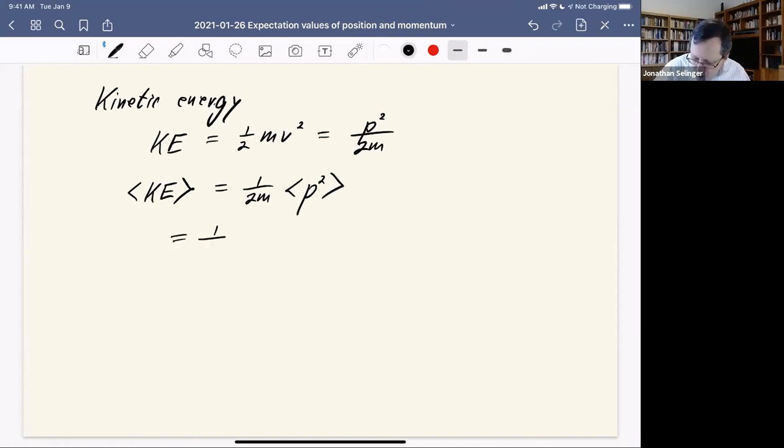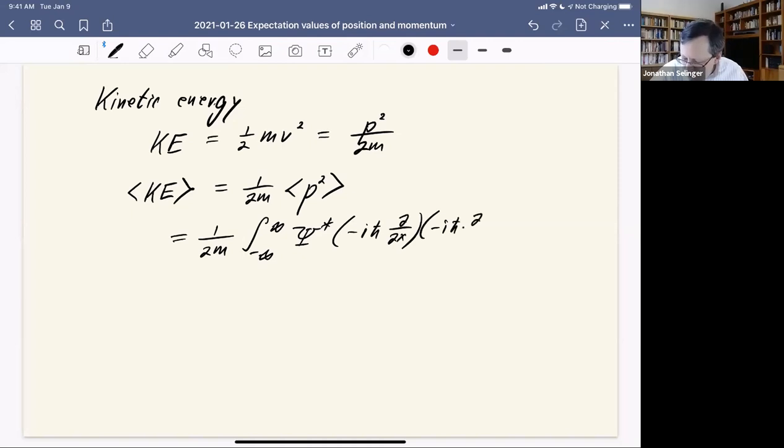So that'll be 1 over 2m times an integral of psi star, then a momentum operator, minus i h bar d by dx, and then another momentum operator, minus i h bar d by dx, operating on psi, integrated dx.